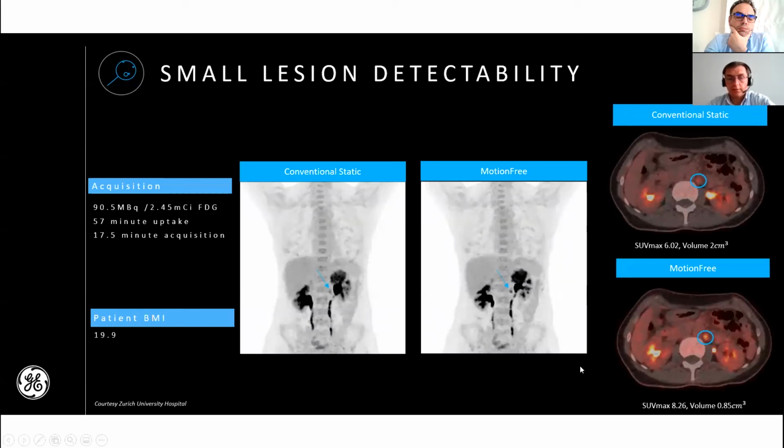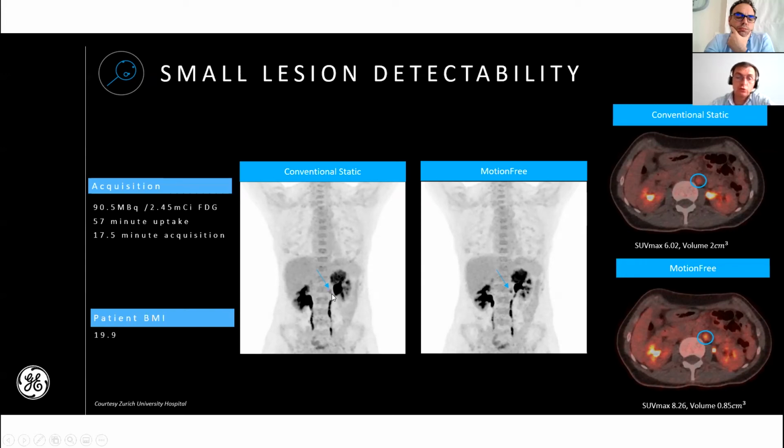Quite an interesting example is demonstrated here. Also a very low dose injection, 90 megabecquerels, where the lesion is localized close to the spine. And here on this MIP, we could see that it's quite a difficult area close to kidney uptake. And here someone could think, okay, where is it localized? Is it really a lesion? What's happening here?